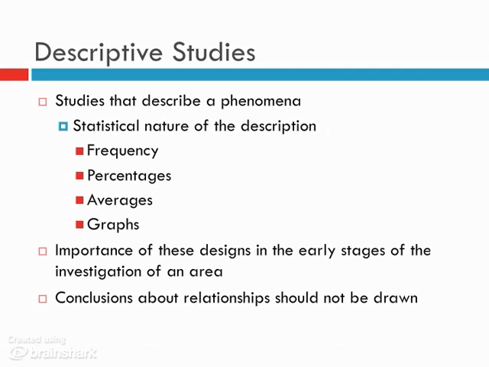When you're evaluating descriptive studies, it's really important to make sure that you're not drawing conclusions about relationships, but you are adequately describing the subjects and instruments that are being used. An example of a descriptive study would be looking at standard of learning scores by students in third grade.